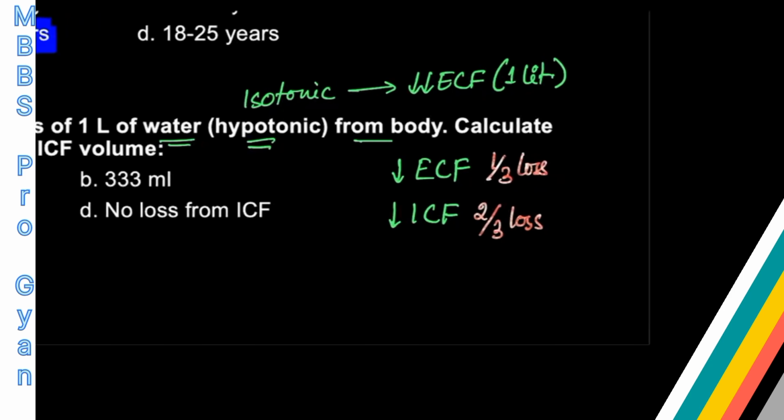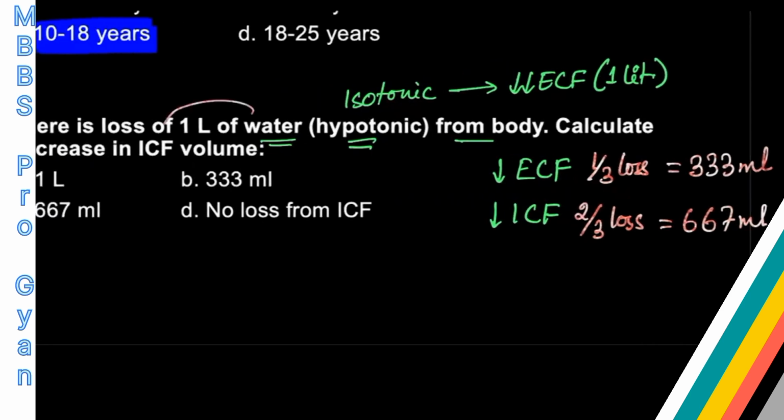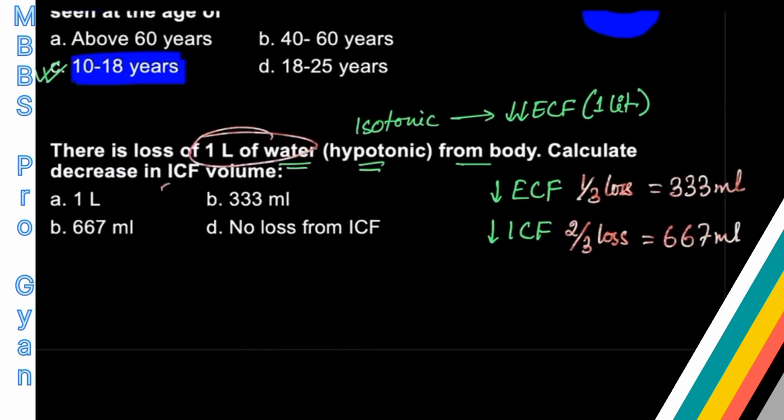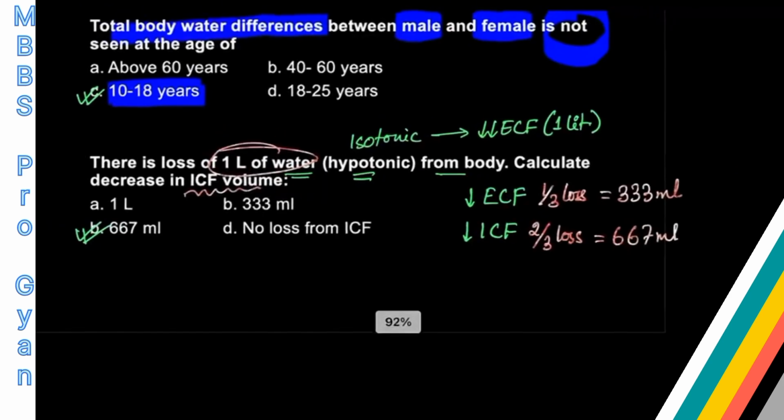So 1/3 of 1 liter, that is 333 ml, will be lost from ECF, and approximately 667 ml of water will be lost from ICF if there is loss of 1 liter of hypotonic water. They are asking how much volume will be lost from ICF, so my answer will be 667 ml, that is B.